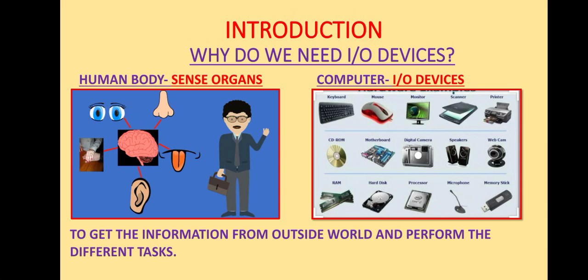In the same way, a computer requires some medium through which it can collect data from the outside world, and depending on that it will perform different tasks. So to collect that information we need input and output devices.